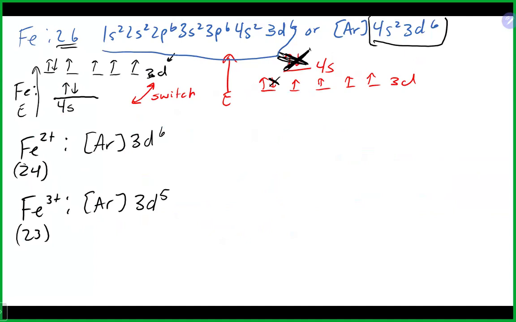I think I might have said the other day, I only took one class ever where you had to write it like that. Everybody writes it in filling order, where the s's get filled first and then the d's. But technically speaking, it is correct after it's filled that that switch happens and it sort of brings it back into order. So it does affect how the electrons are taken out.